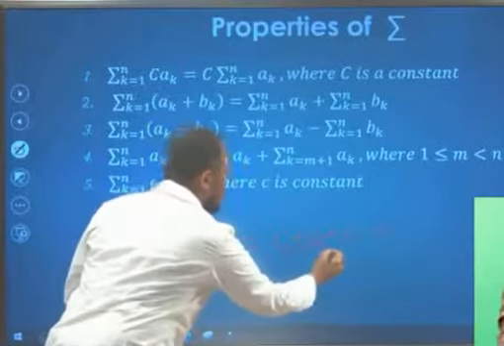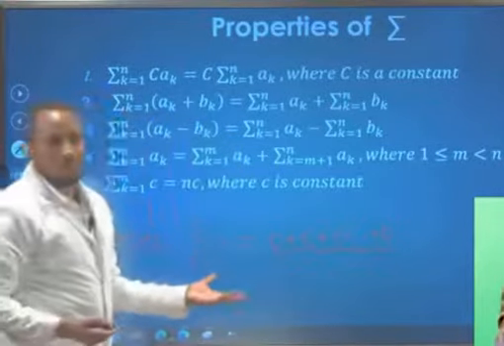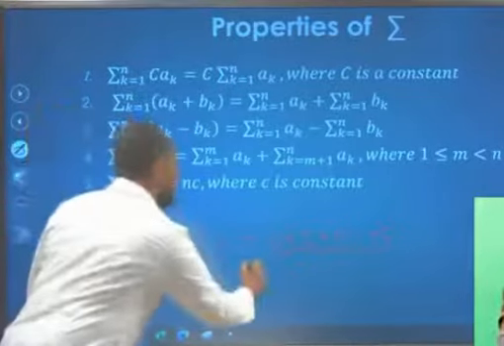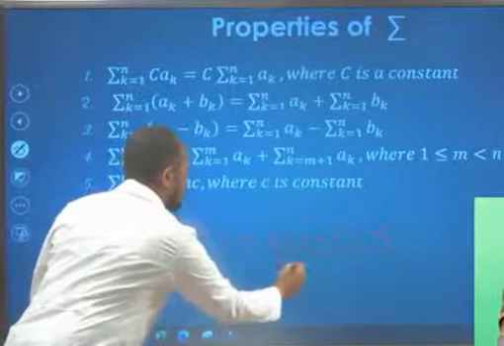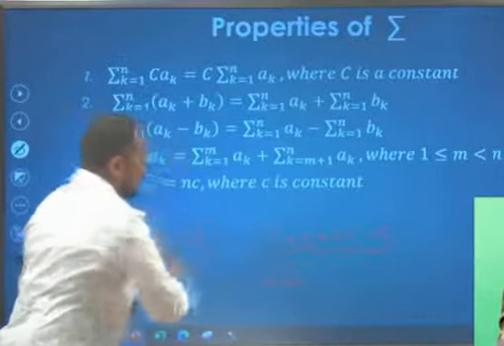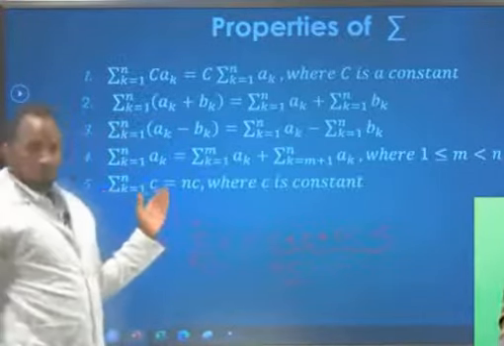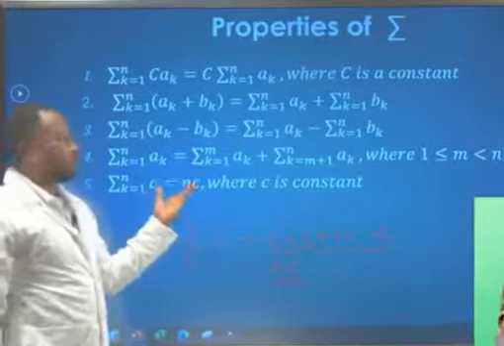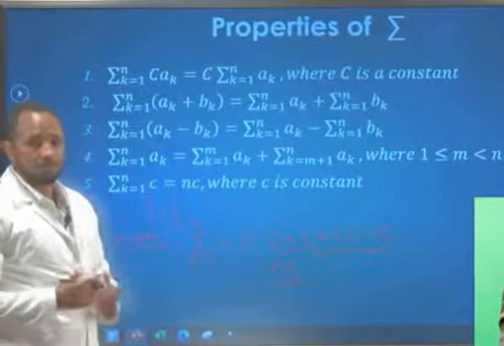So how many c's do we have here? We have n c's. Therefore, this will be n times c. Therefore, the summation of c where K starts from 1 up to n is simply nc, where c is constant.